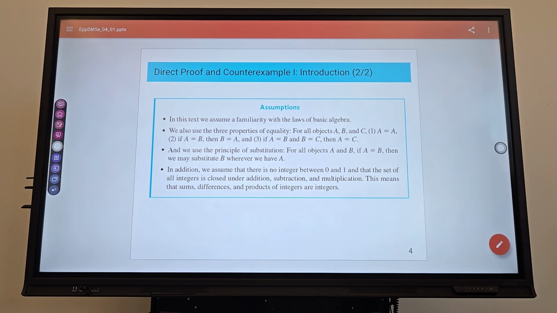Principle of substitution: if A equals B, then you can substitute B wherever we have A. Assume there's no integer between 0 and 1, and that the set of all integers is closed under addition, subtraction, and multiplication. This means that sums, differences, and products of integers are in themselves integers. It's not closed under division, of course.